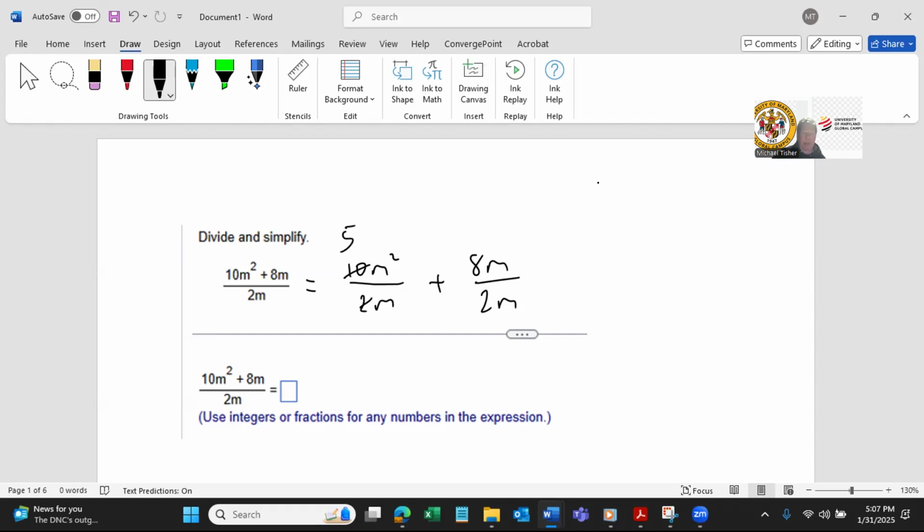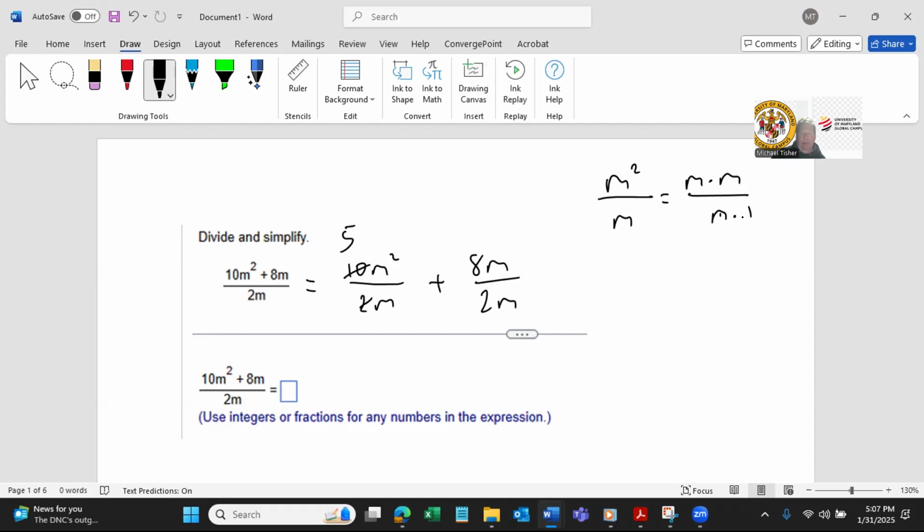M squared over m. Now we can go to the side here and do m squared over m. Let's see, m squared is m times m. And so we have m times m over m. And here we see m is a factor in the top, m is a factor in the bottom, because technically in the bottom you have m times 1.